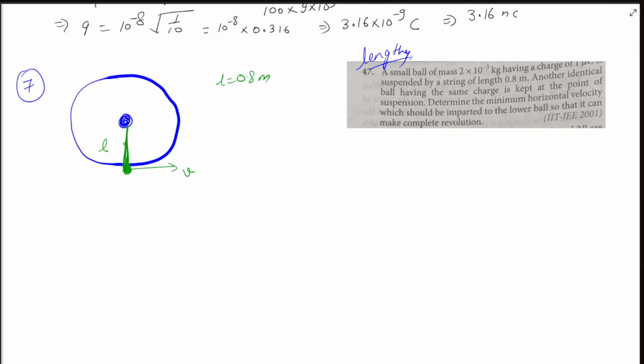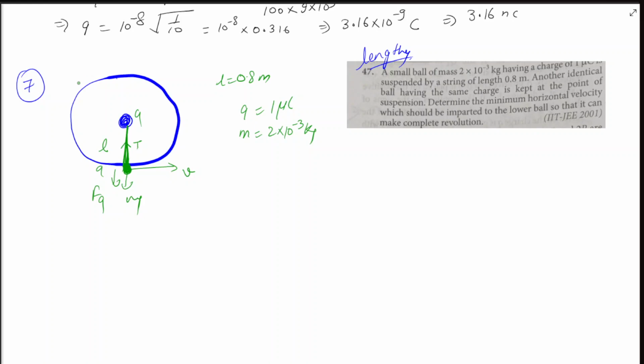The problem here is we have a tension as usual, we have mg as usual, but there will be an extra force. This electrostatic force will also be there, right? Because they have charge, and the charge will be 1 microcoulomb, right? Each has mass 2 into 10 raised to the power minus 3 kg, right?